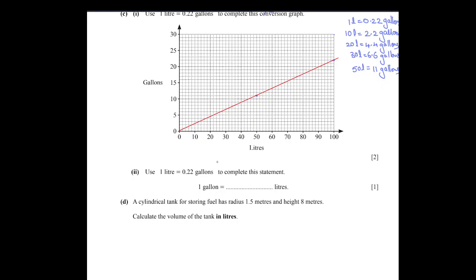So 1 gallon is equal to 1 by 0.22, which is 4.5454, going on repeating, so you can write 4.55 to round it.